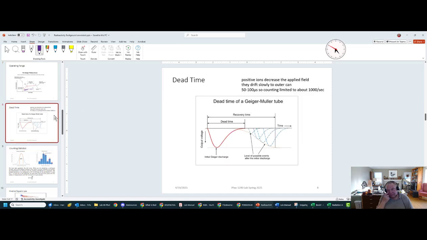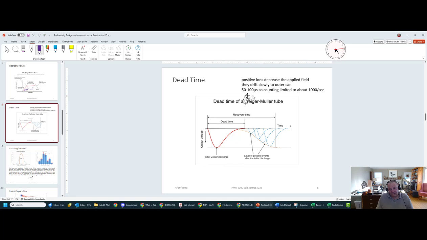There's a thing called a dead time. It's not something we're going to have to deal with. What happens is the positive ions that get left behind drift towards the outer can, and if there's enough of them, they can change the electric field.